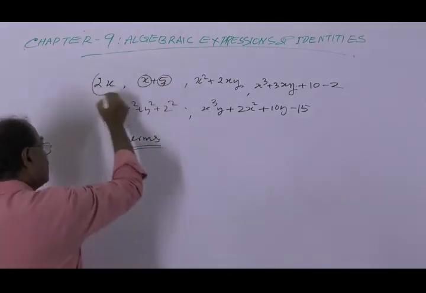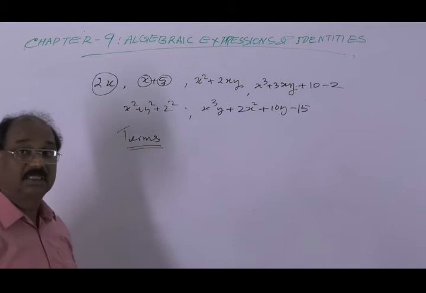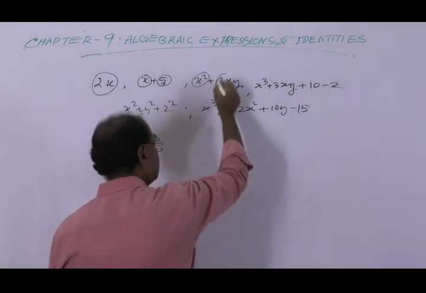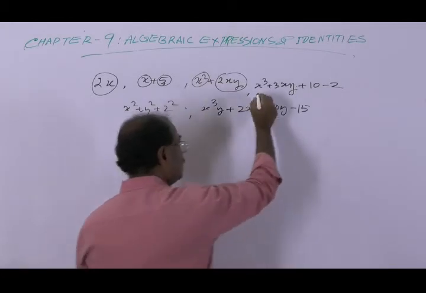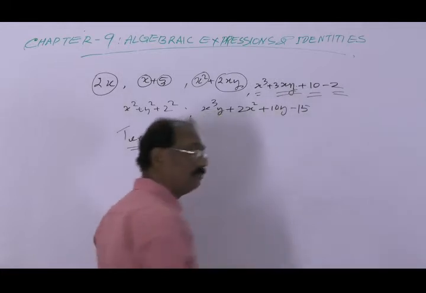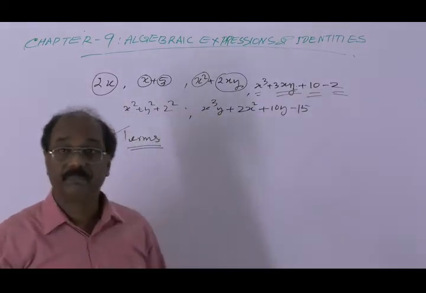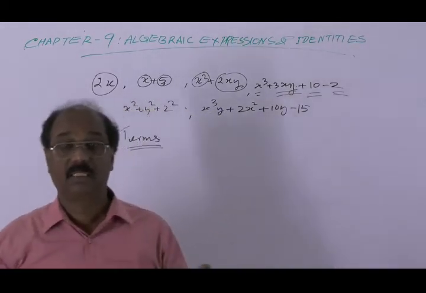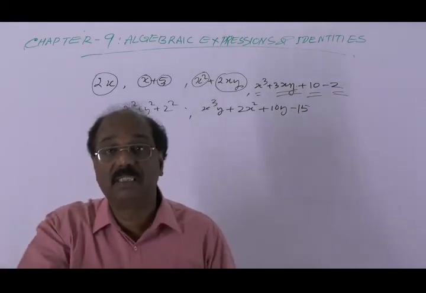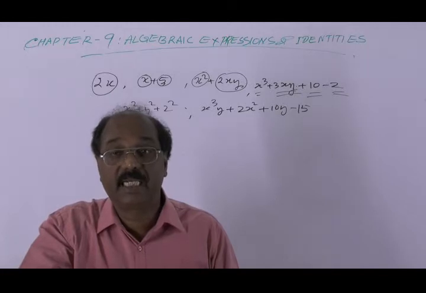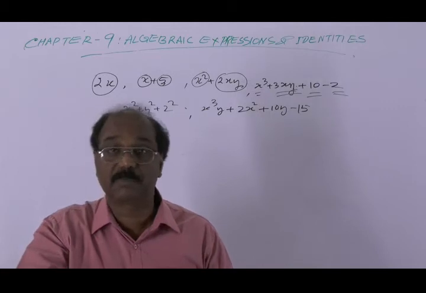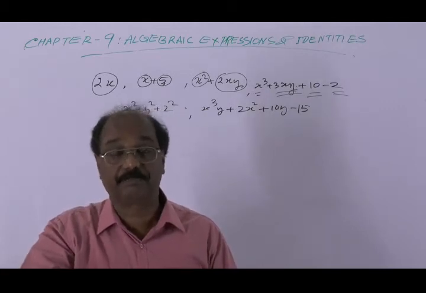In this, 2x is a term, only one term. Here x squared is a term, 2xy is a term, x squared term, 3xy term, 10 term. Similarly, the components connected with the operators addition and subtraction are terms of the algebraic expression.